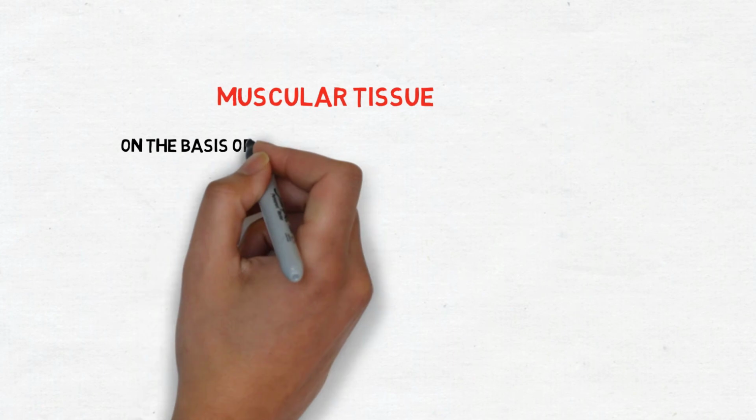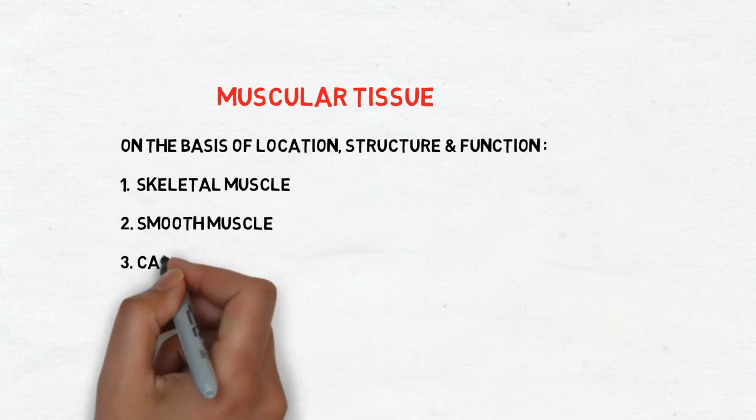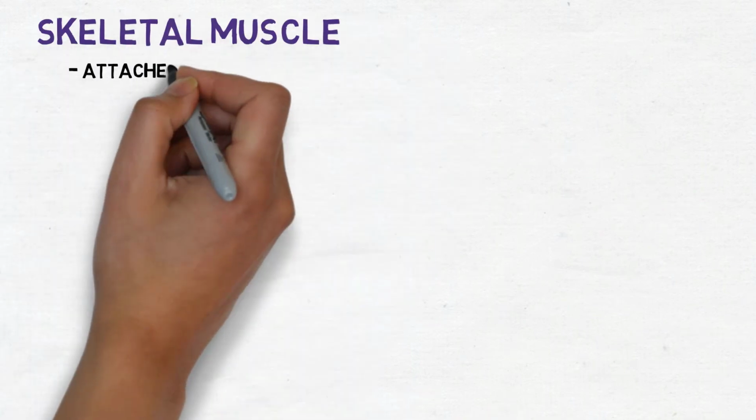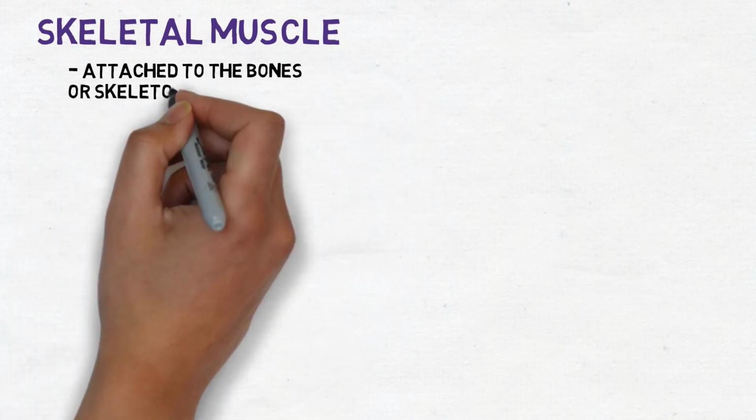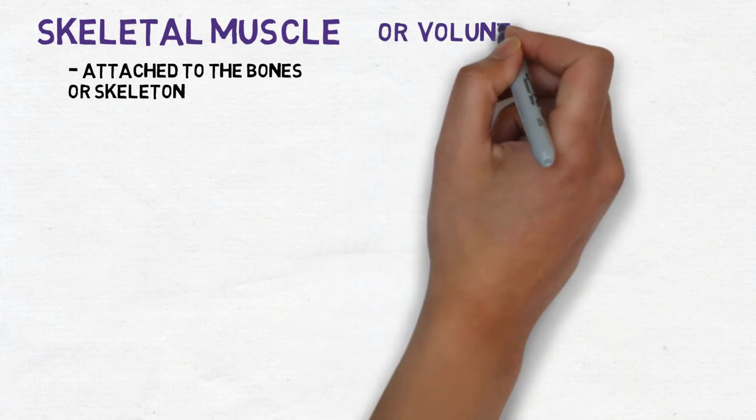On the basis of location, structure, and function, there are three types of muscular tissue. First are skeletal muscles, and by its name you can guess that these are attached to the bones or skeleton. We sure can move our arms or legs when we want them to, or in other words, we can move them voluntarily, which is why skeletal tissues are also called voluntary muscles.